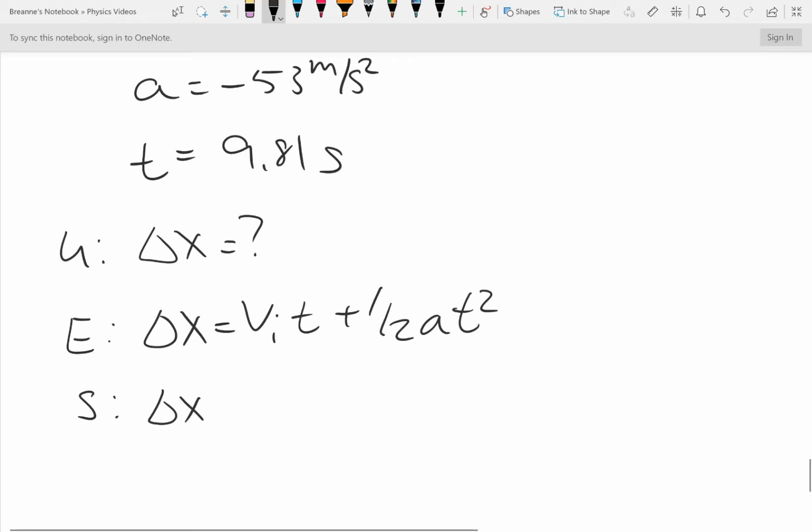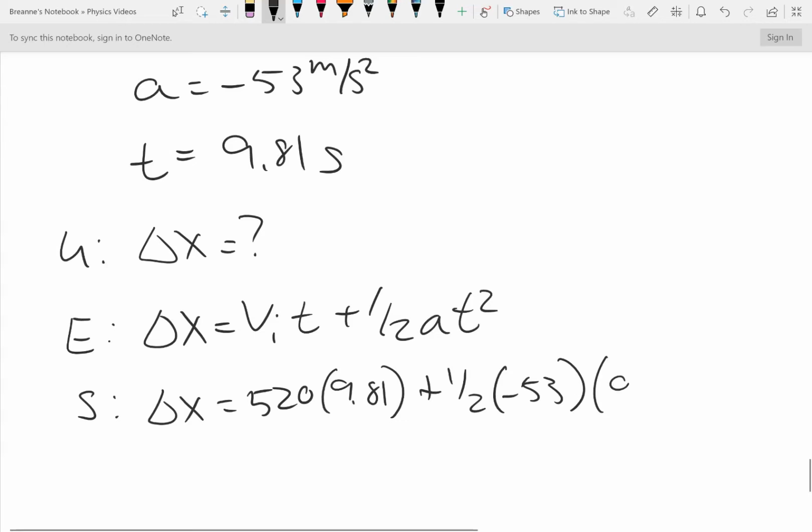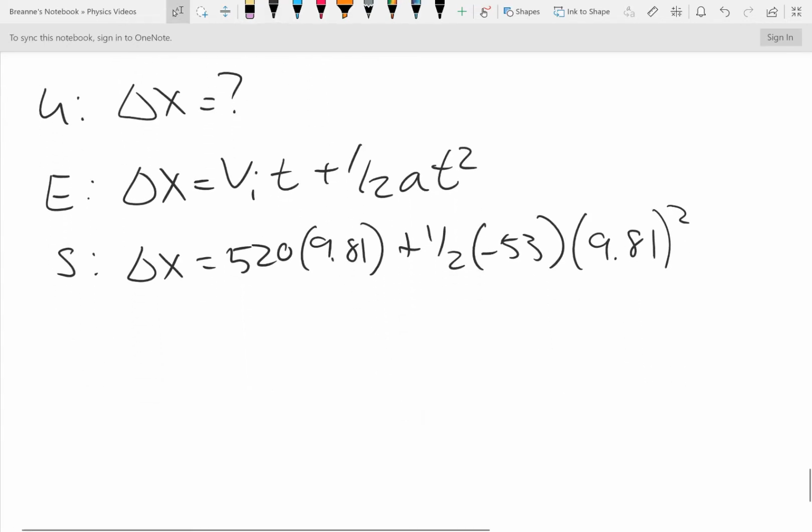Now we're just substituting. Our initial velocity is 520. Our time is 9.81. Our acceleration is negative 53. Our time is 9.81 squared. So now you just work through it.